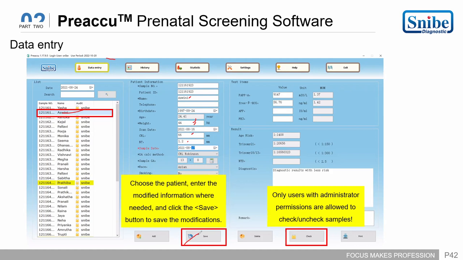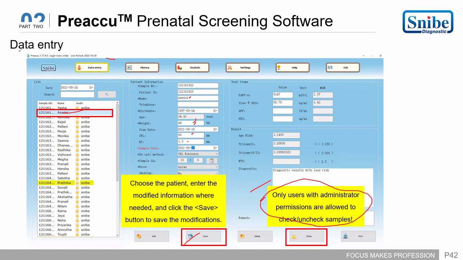One important thing about these changes is that only administrator access or permissions are allowed to check or uncheck the samples. Only the administrators have the right. This is most important because operators can only upload the patient information or do data entry, but if you want to check and uncheck the samples, only the administrator has the right.